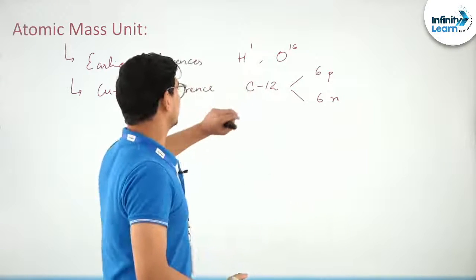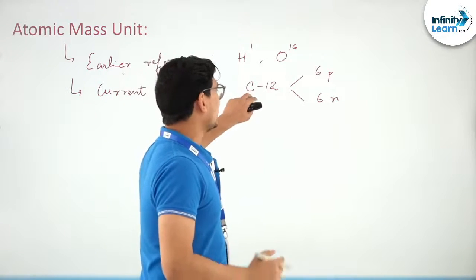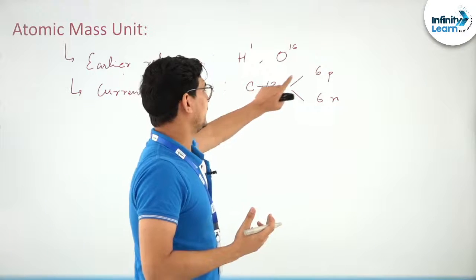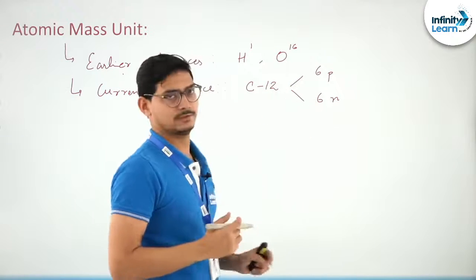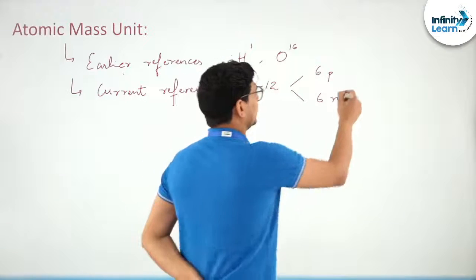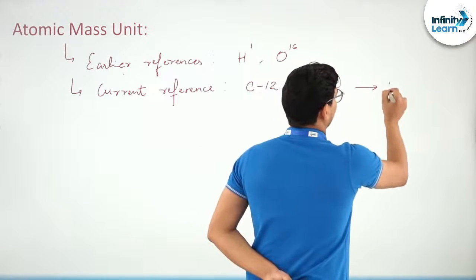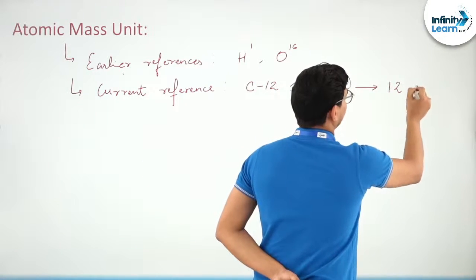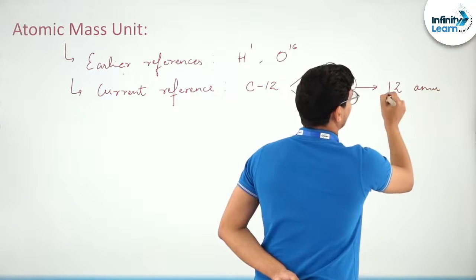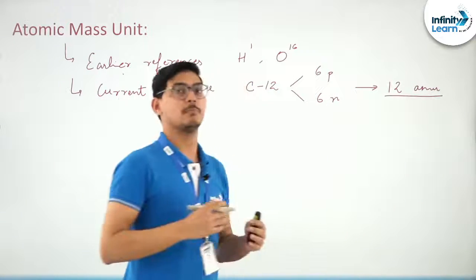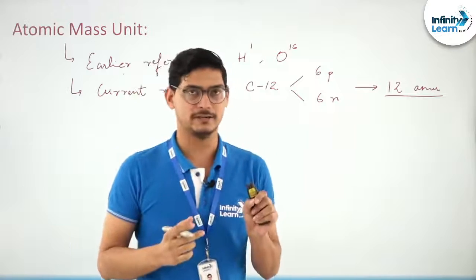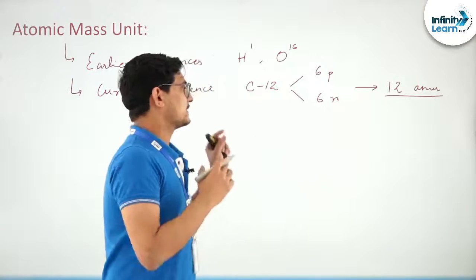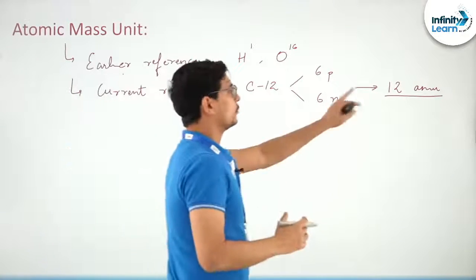So what did scientists do? Because one atom of carbon 12 contains 6 protons and 6 neutrons, so they gave it atomic mass of 12 AMU, right? Because the mass number of carbon 12 is 12, scientists assigned it a mass of 12 AMU.